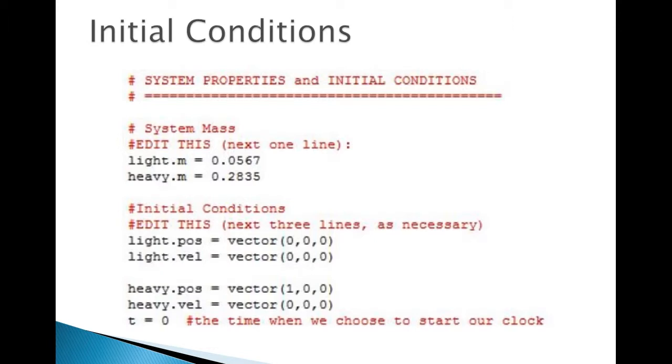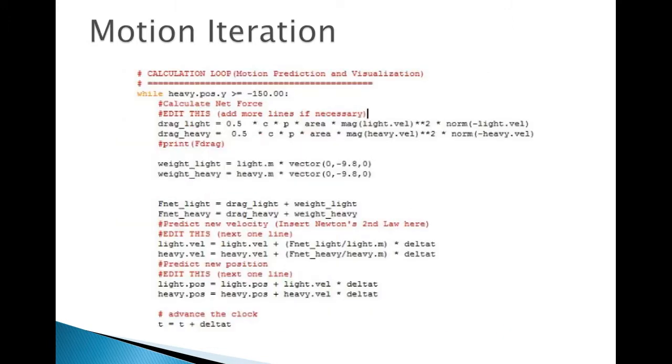I modeled the situation in Python, and these are the initial conditions. I have the masses of the 2 stacks, and I have the initial positions and velocities, which are all 0, and the time t, which is equal to 0. And then I have the iterative loop. The loop goes through while the position is less than a certain number of meters, in this case 2.